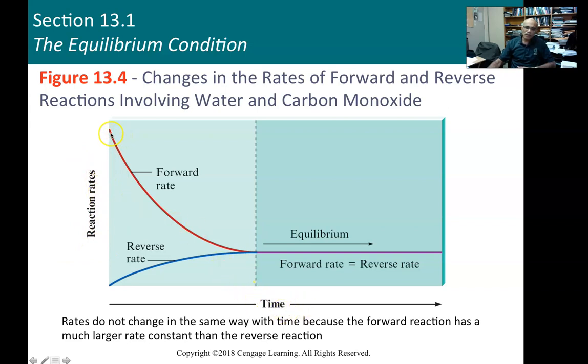So you'll see here that the rate at which the reactants are changing to form the products is shown by this curve. It shows a much faster rate compared to this one, which has a slower rate.